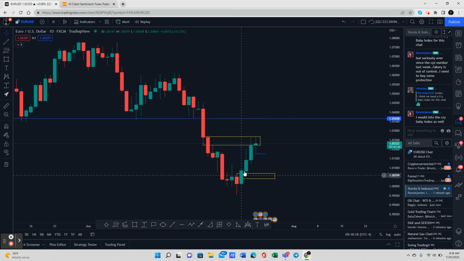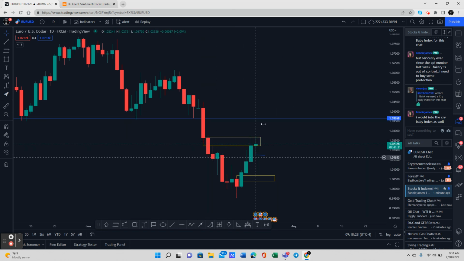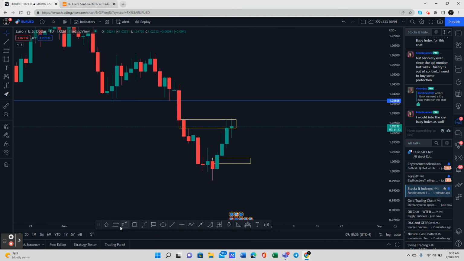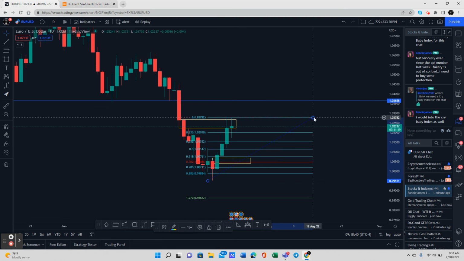The euro is gaining some form of strength on this move. Now, yes, we could have some issues in this area here, but once again, I really want to see us get up to this level. I already have on the zone potentially what pullbacks would look like if we do get some pullbacks. We already crossed the 23%, which is good.